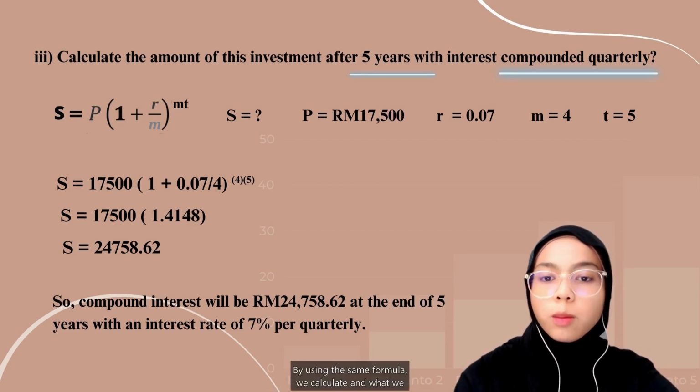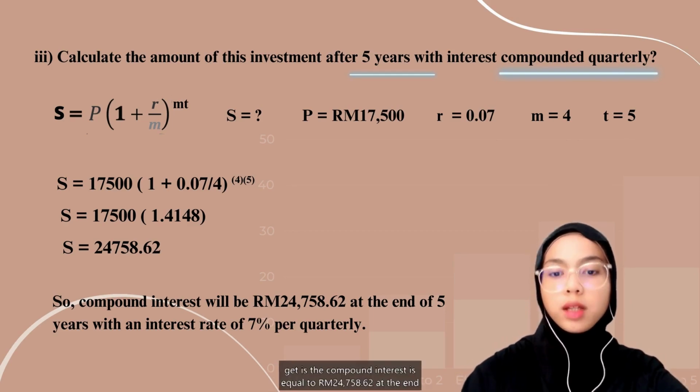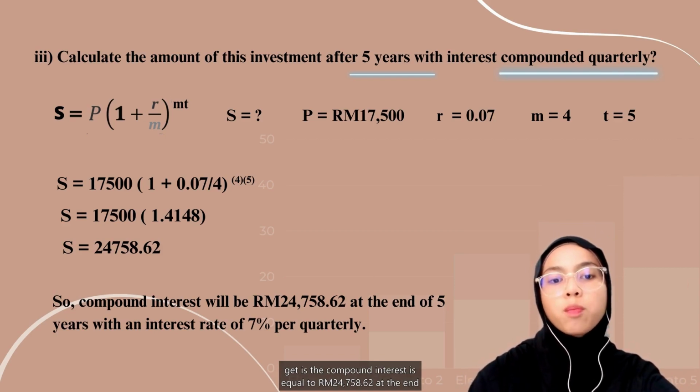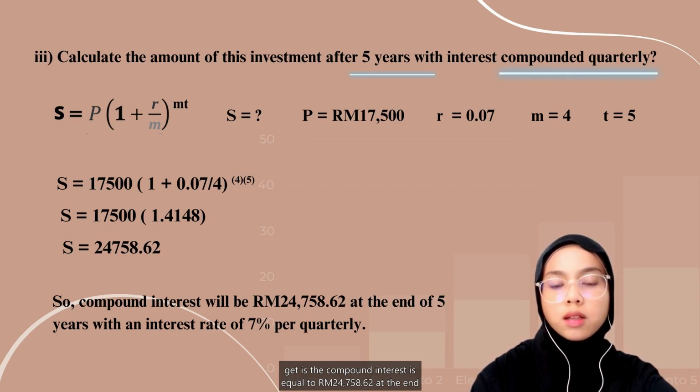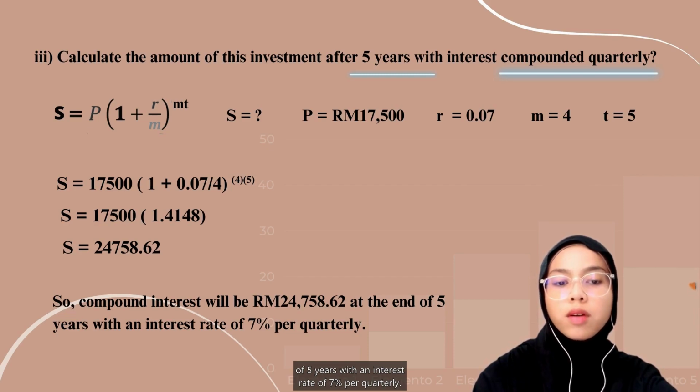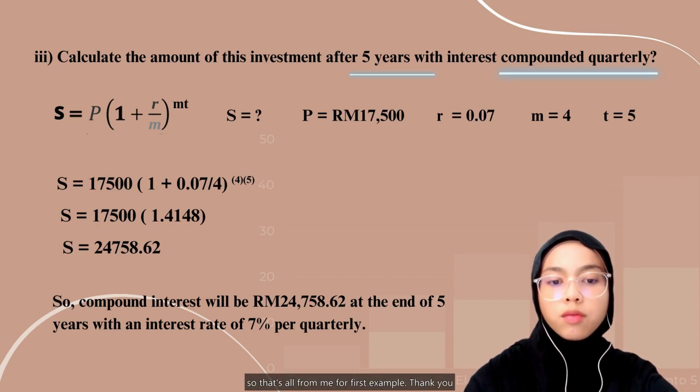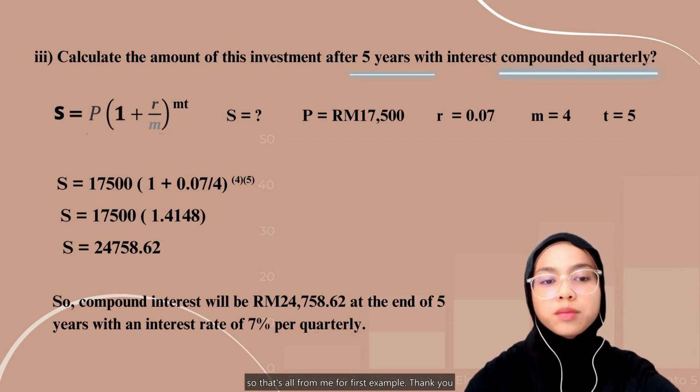By using the same formula, we calculate, and what we get is the compound interest is equal to 24,758.62 ringgit at the end of 5 years with an interest rate of 7% per quarterly. So that's all from me for the first example. Thank you.